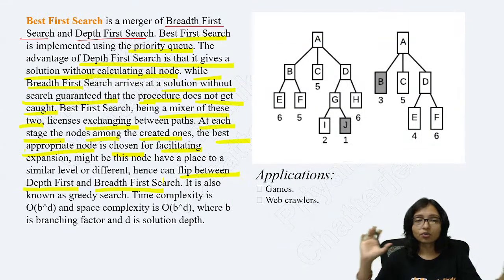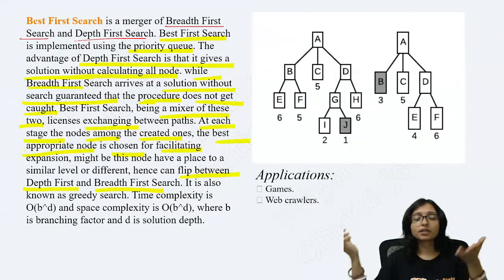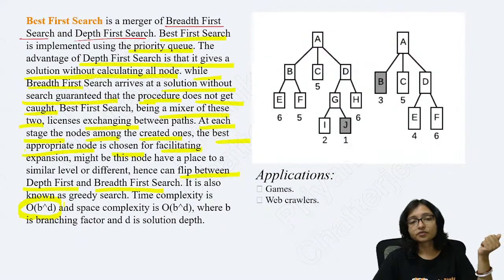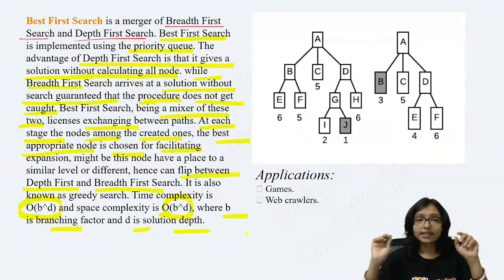Whenever BFS is required, it will do BFS. Whenever DFS is required, it will do DFS. So here the time complexity is order of b to the power d, and space complexity is also order of b to the power d, where b is the branching factor and d is the depth.